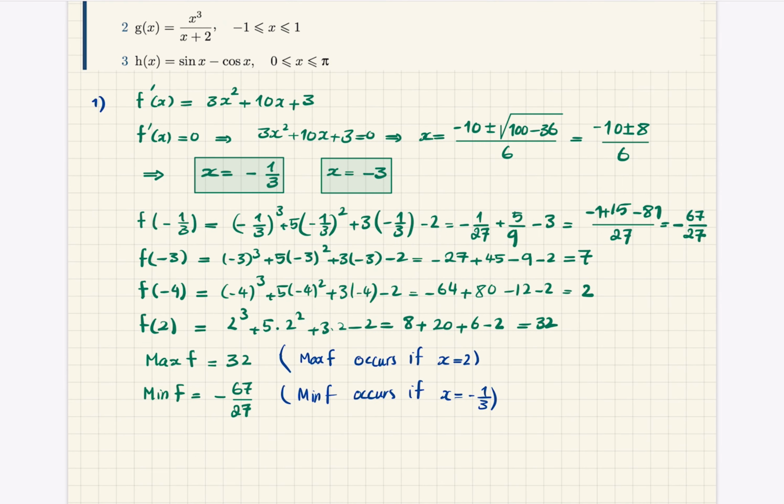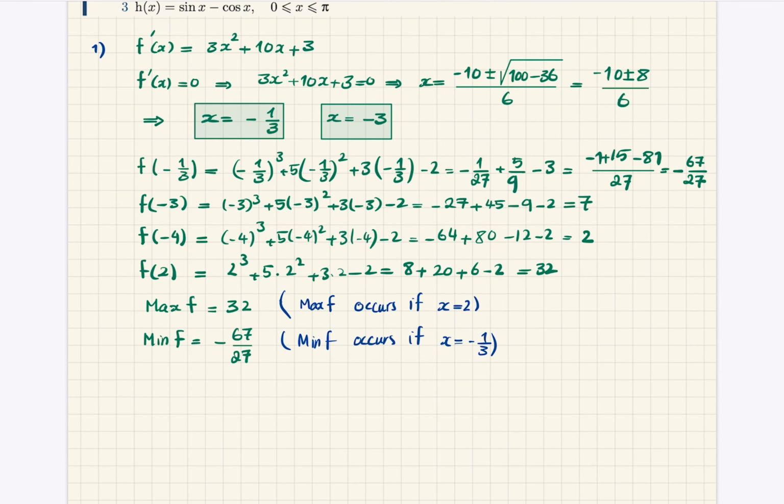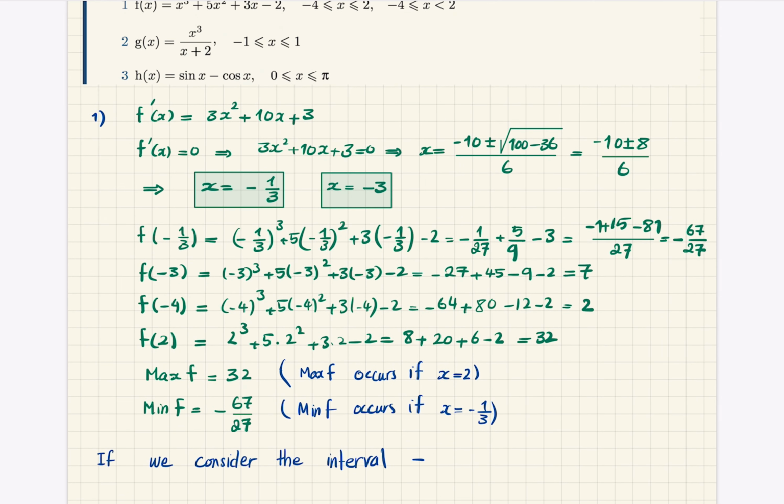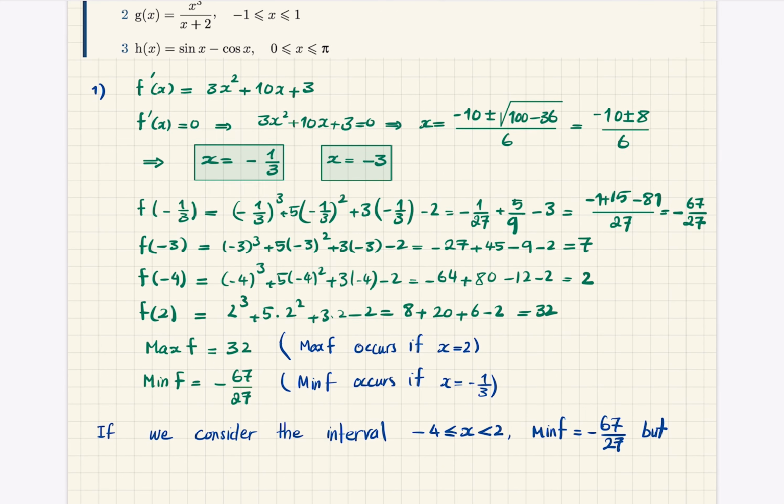So for the second part, let me write this. If we consider the interval minus 4 up to 2, minimum is still minus 67 over 27, but there will be no maximum.